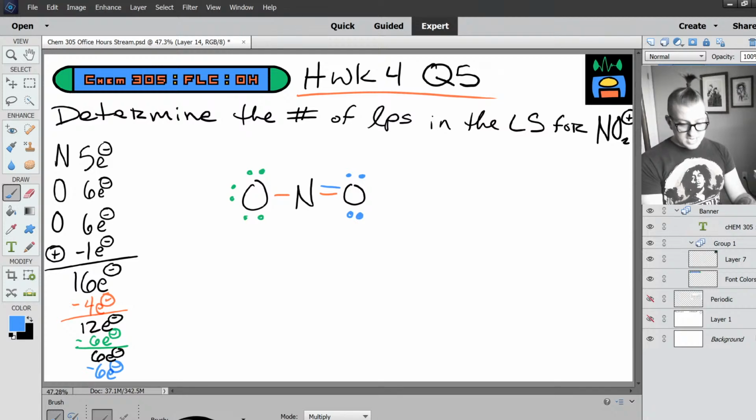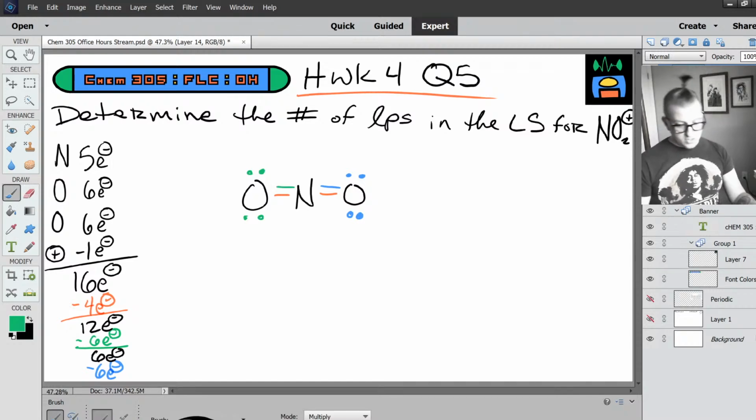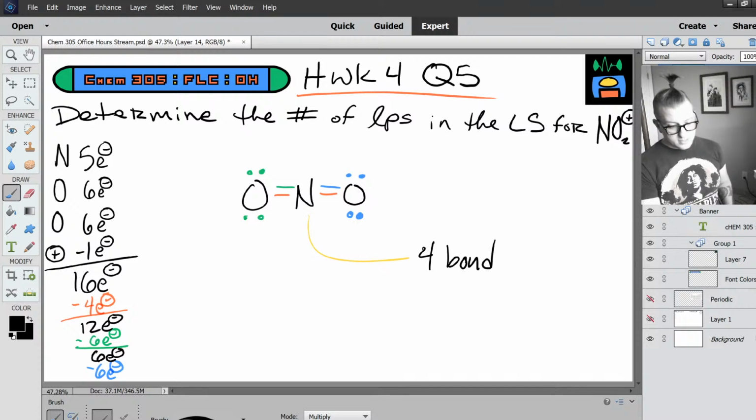Right now this nitrogen has access to 2, 4, 6 electrons. We're not quite at 8 yet, so we take another 2 electrons and turn that into a multiple bond. Now this nitrogen has 4 bonds, which means it has access to 8 electrons, so we're good.